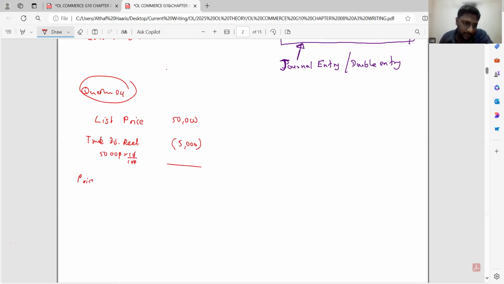Price for the purchase cost after trade discount, 45,000.